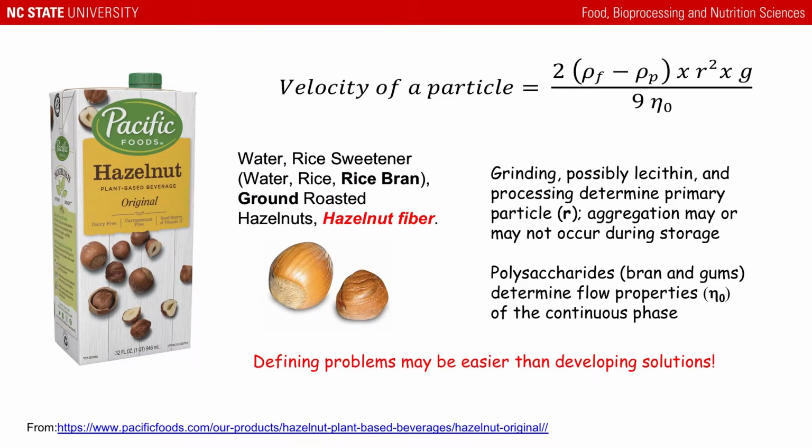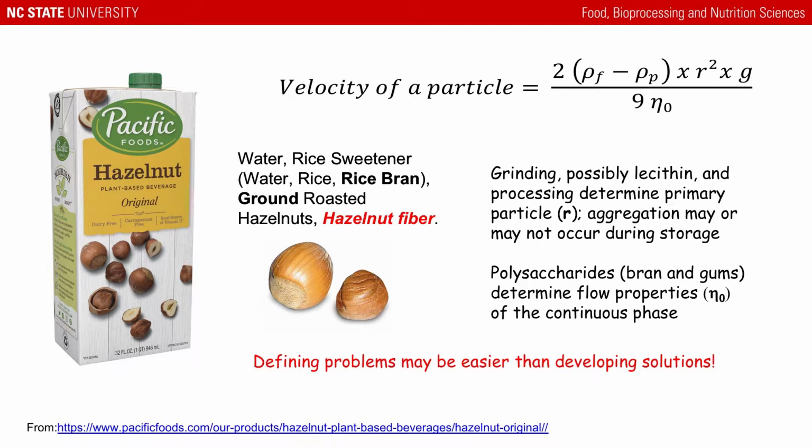So if we look at this, here's a hazelnut plant-based beverage: water, rice sweetener, rice bran, ground roasted hazelnuts, and then we've got gellan gum, locust bean gum, sunflower lecithin, and xanthan gum. So we have several polysaccharides and a surfactant in there. Okay.